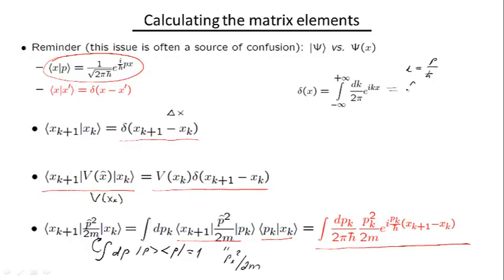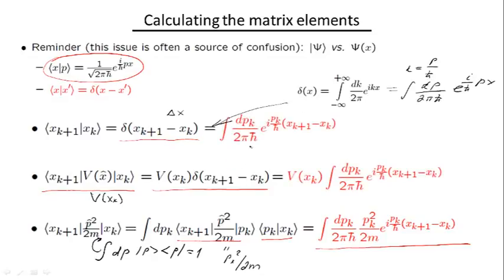If we do so, we get essentially the same integral, but now integrated over a momentum, and the exponential will involve i over h bar p times x. It's essentially the same expression for the delta function, and we can use it here to write the matrix element in terms of these integrals.